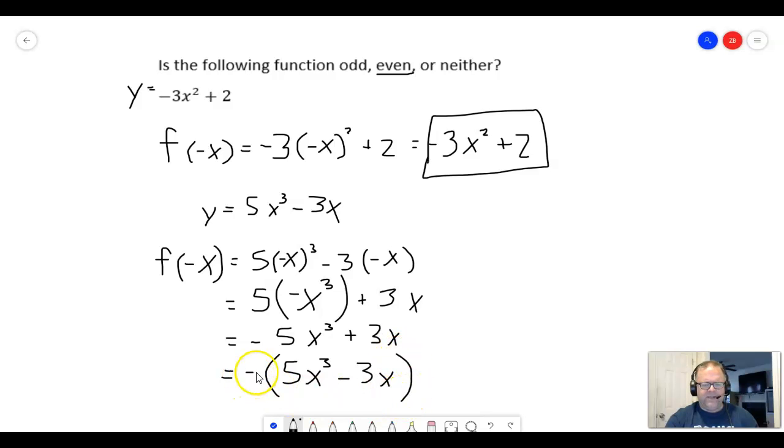Then I see if I have a negative version of my original function. And this right here is indeed the same as that right there. So I do have a negative version of my original function, and that means that this one here is odd. This one is even. And if I would have gotten down to here and pulled out a negative and found that this was not the same as my original, then it would have been neither odd nor even.